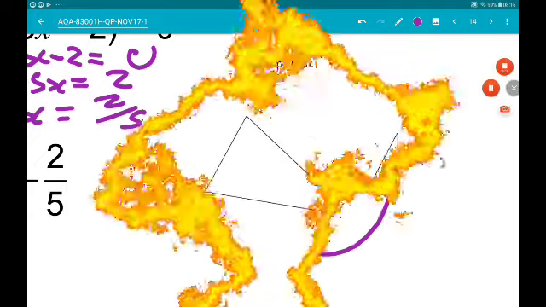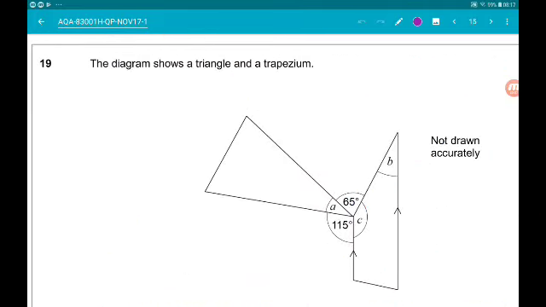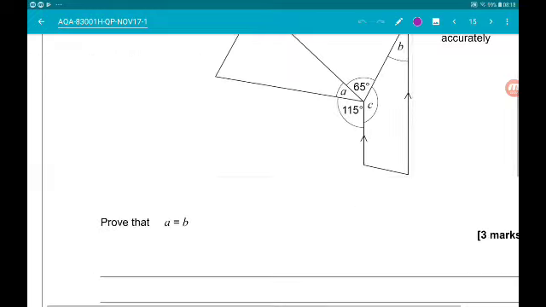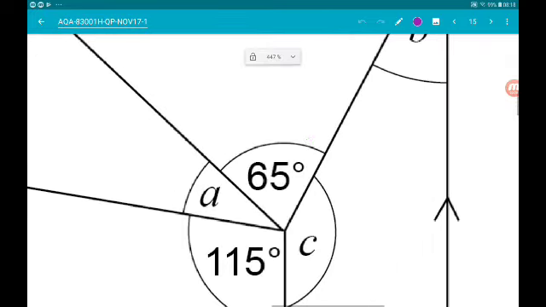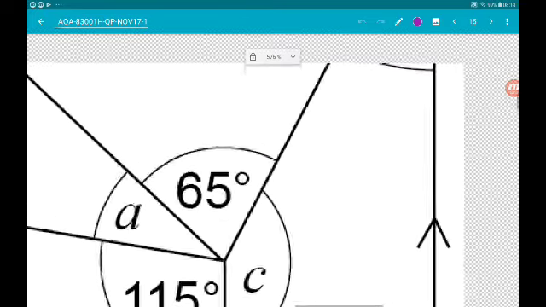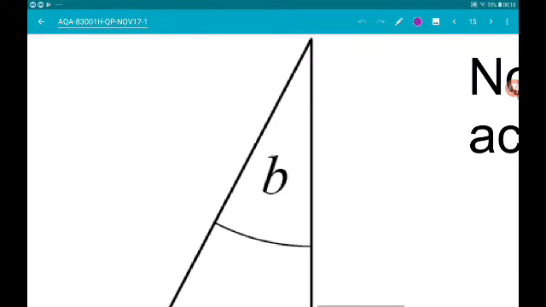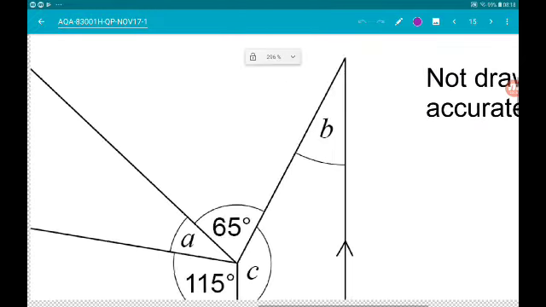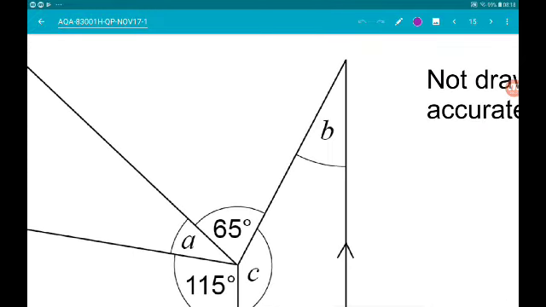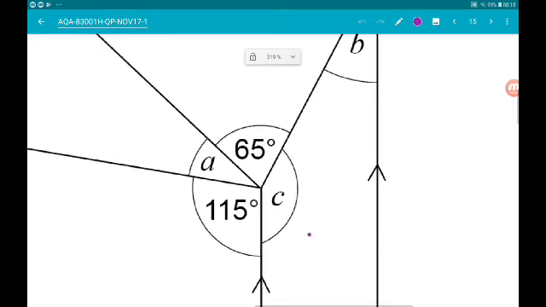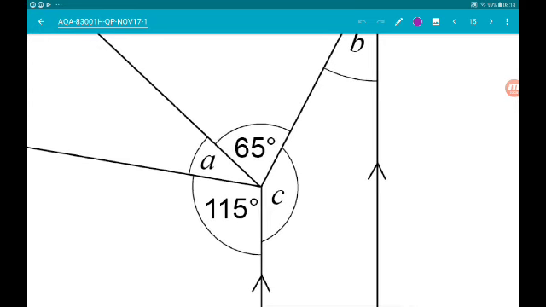Cool. Okay, question 19. The diagram shows a triangle and a trapezium. We want to prove that angle A here is equal to angle B here. I know this type of question causes problems. So the trick to it is just thinking about what we know and what we can do with what we know.